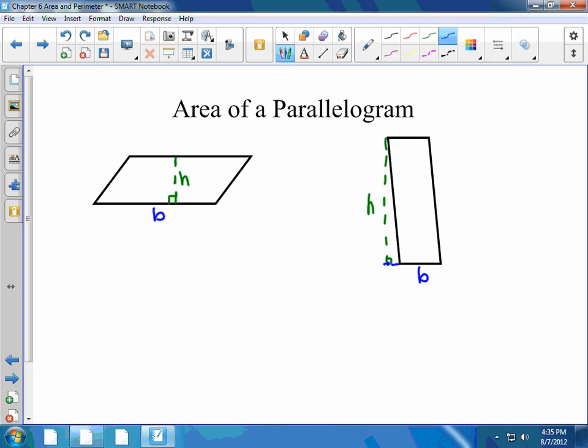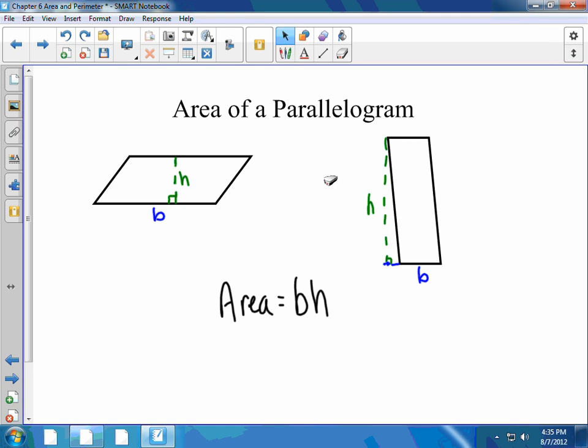You just have to extend that base a little bit so that it symbolizes that it's the height. What is the area of a parallelogram? The area formula is still base times height. And yes, it is the same as a square and rectangle. And I'll show you why on the next slide.